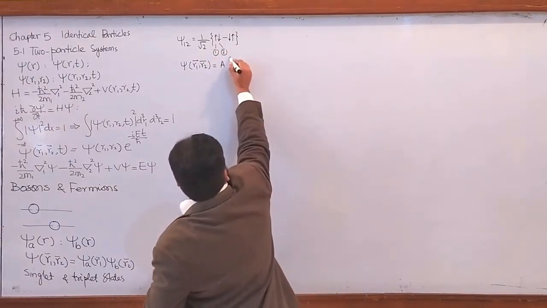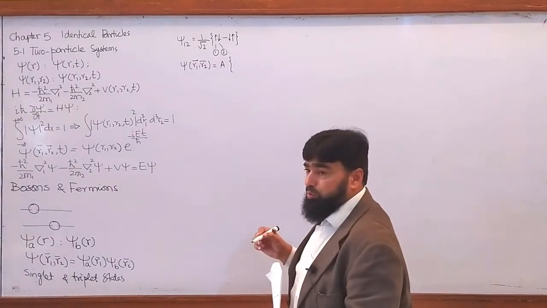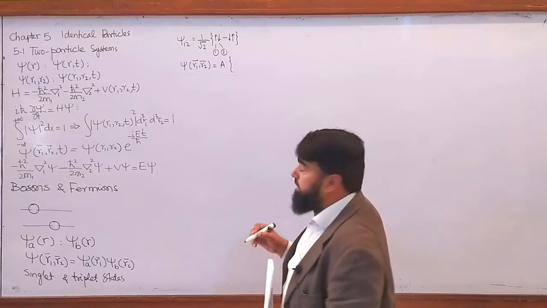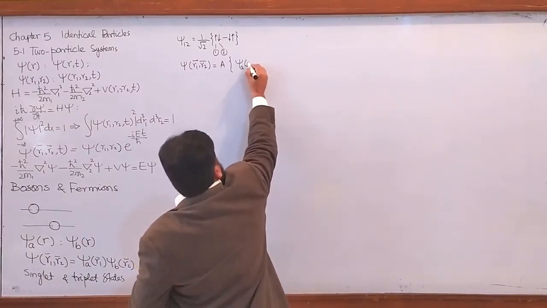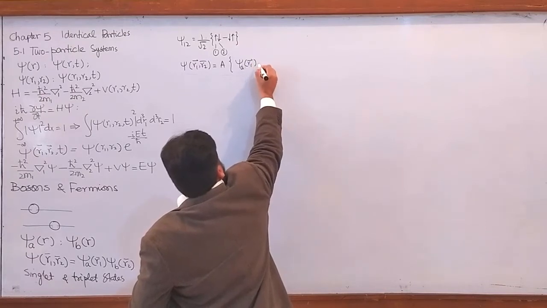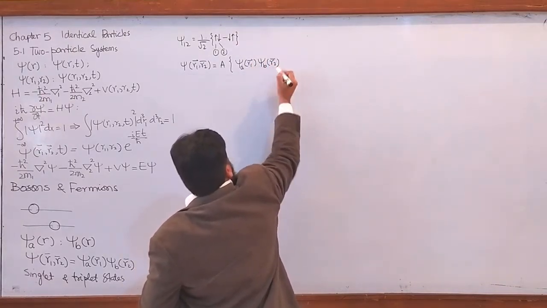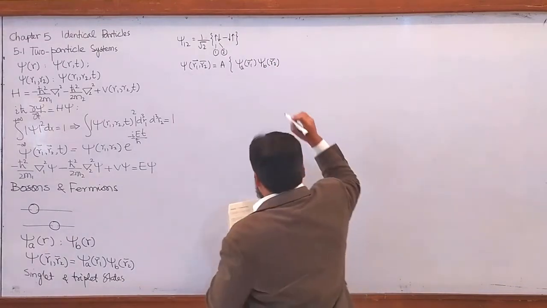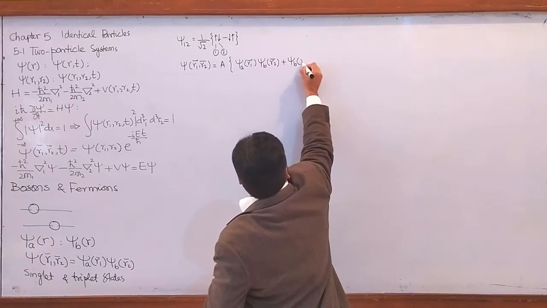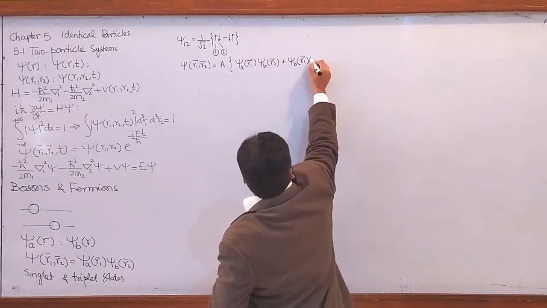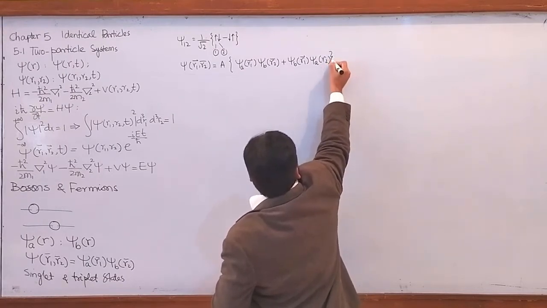And then, as we are not able to say which particle is in which state, I will write psi A(R1) psi B(R2) plus psi B(R1) psi A(R2).